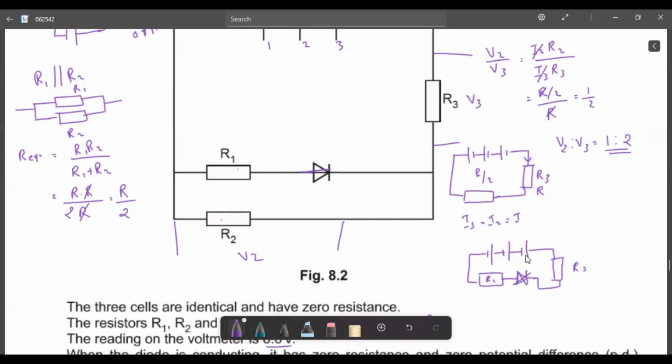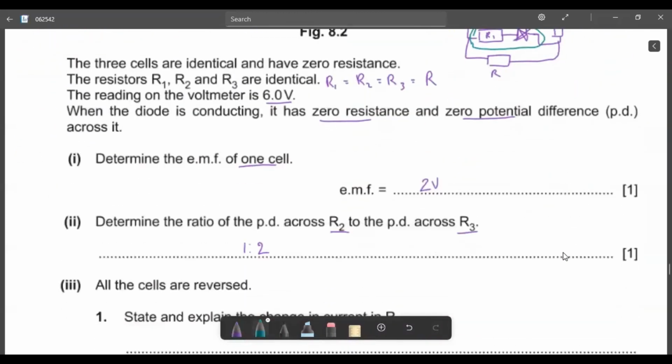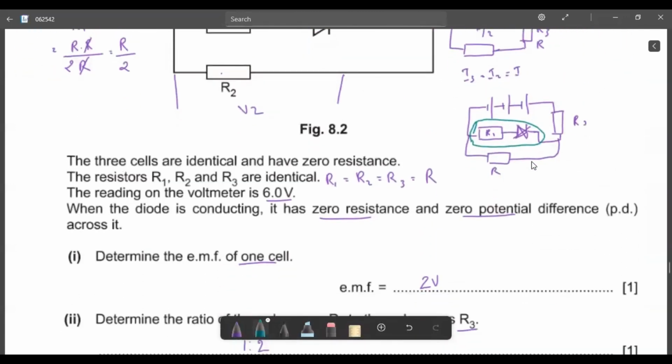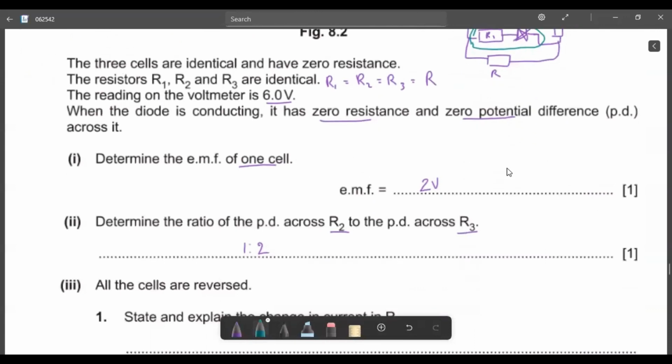This point will be open, and here R2 is there. So this section will not come into the picture. This is open now. So again, we can minimize the circuit. It doesn't consist of R1. It consists only of R3 and R2.